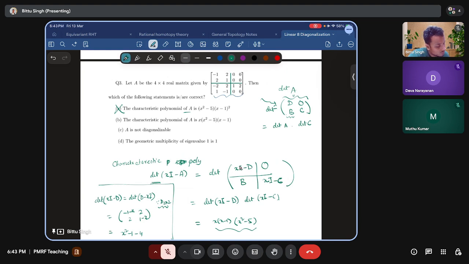Now, this is the characteristic polynomial. Is it true that A is not diagonalizable?